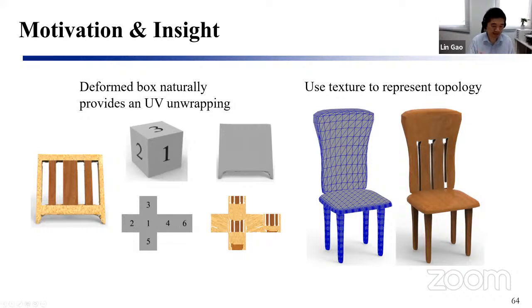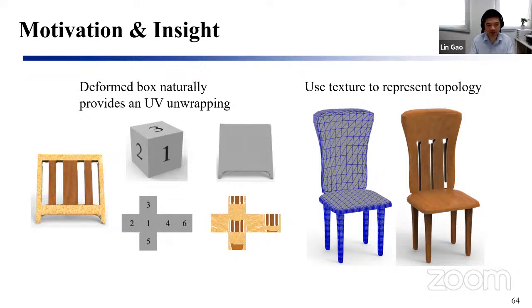This operation defines a UV mapping from the 3D textured mesh patch to the 2D images. It's a very natural way to define the mapping. First we decompose the 3D model into parts, and then we open the box, we could define the texture mapping.